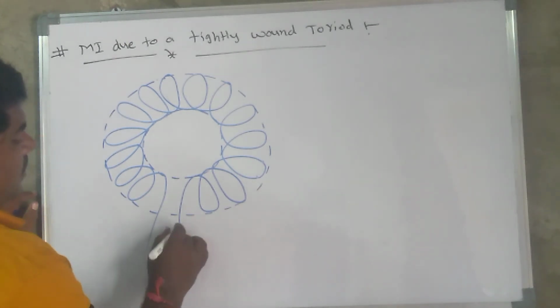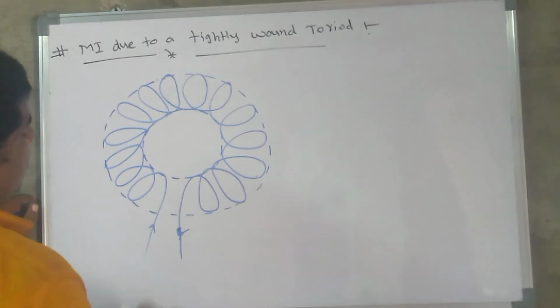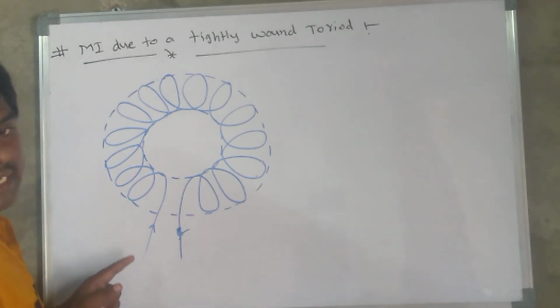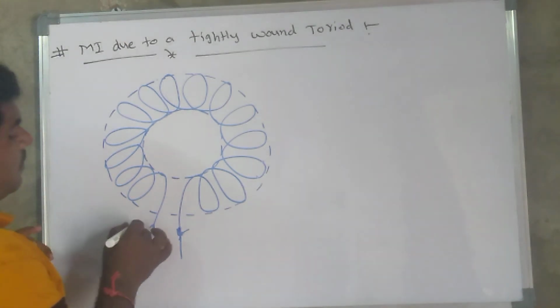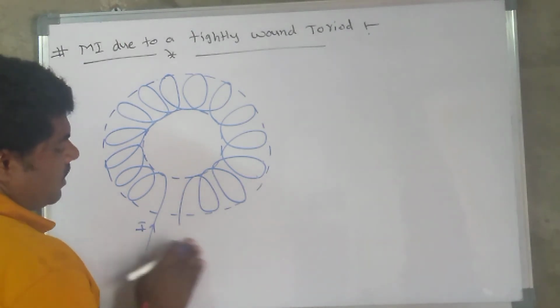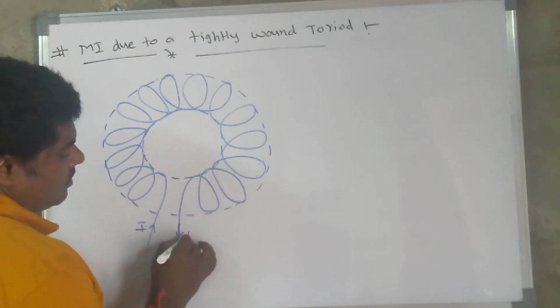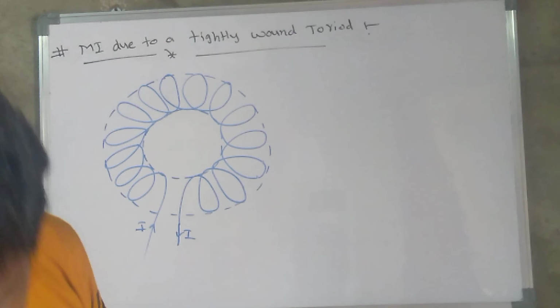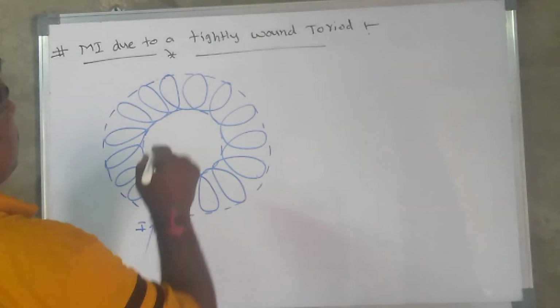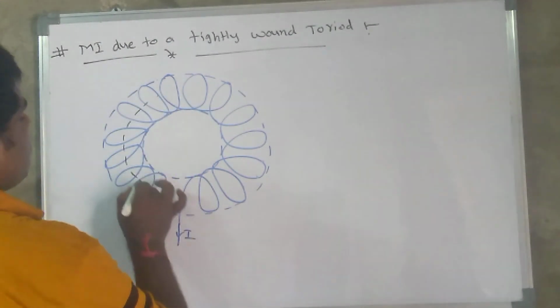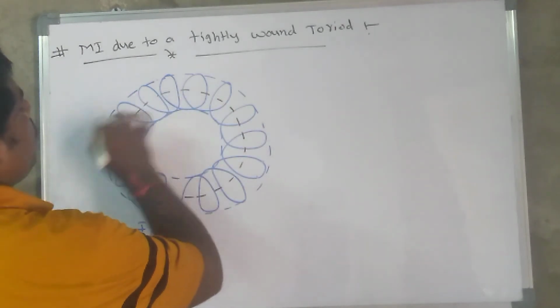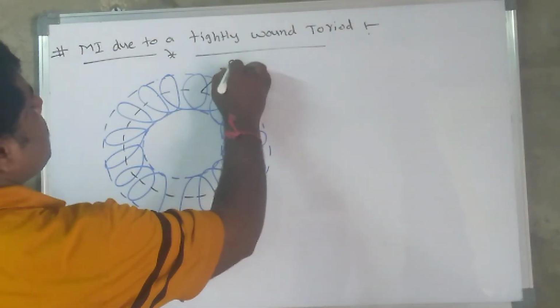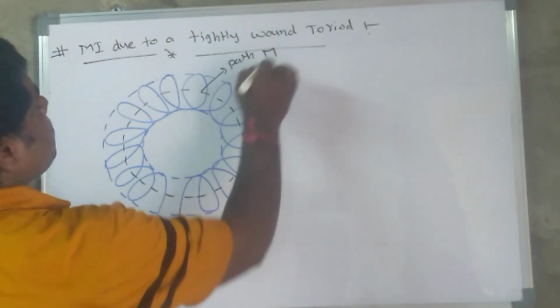Here the current is entering, and here the current is leaving, like this. This is the current. This one is nothing but a loop. This loop is named path M.